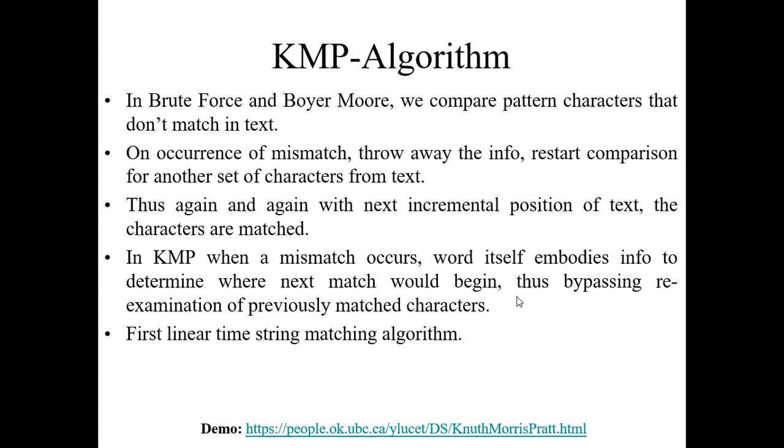But in KMP, we are ensuring that कुछ set of characters अगर match हो गए थे पहले, I should not rework. I should not try to match them again. So that is how it reduces the time taken to linear time.